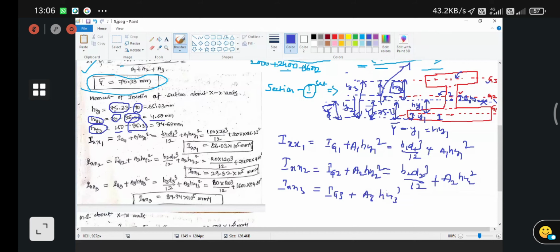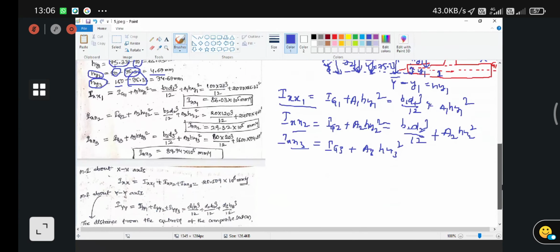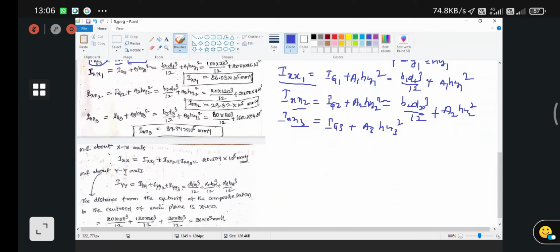So these XX are the base moment of inertia. If you do it individually, you are going to get IXX1 as this one, IXX2 is this one, IXX3 is this one.